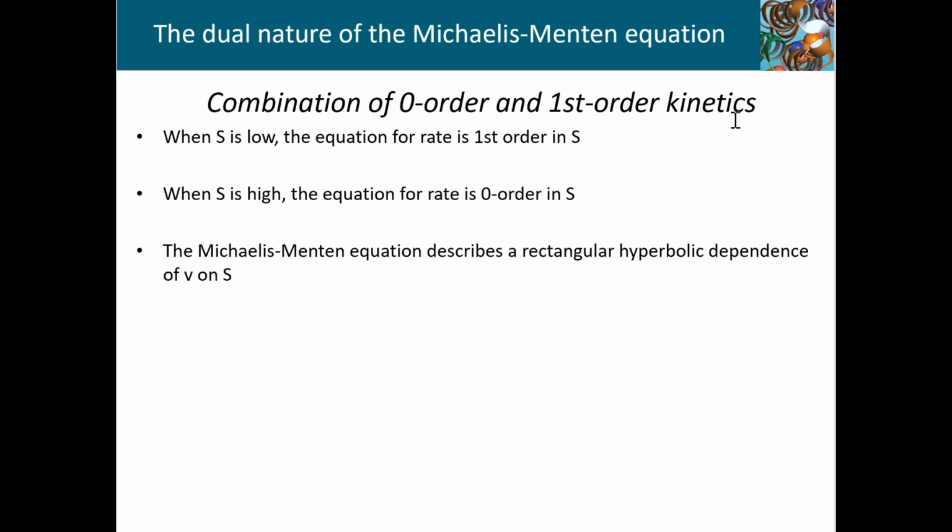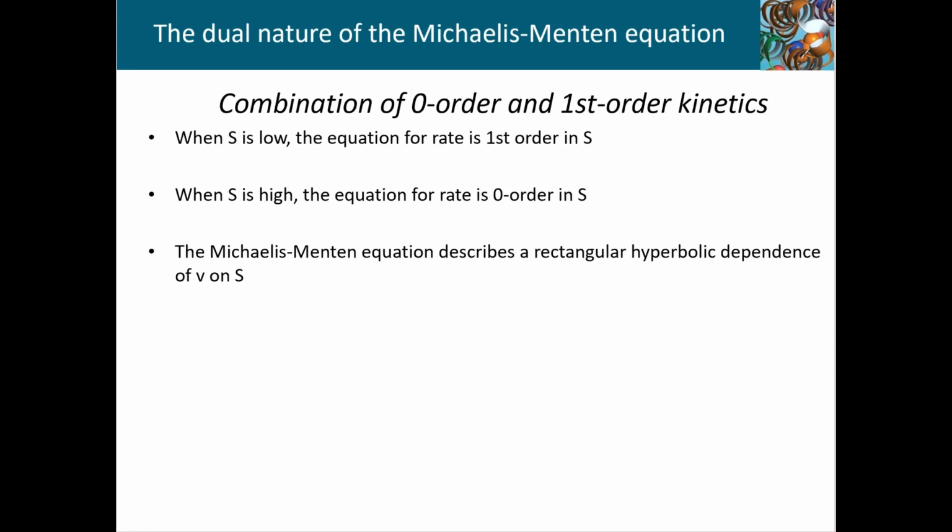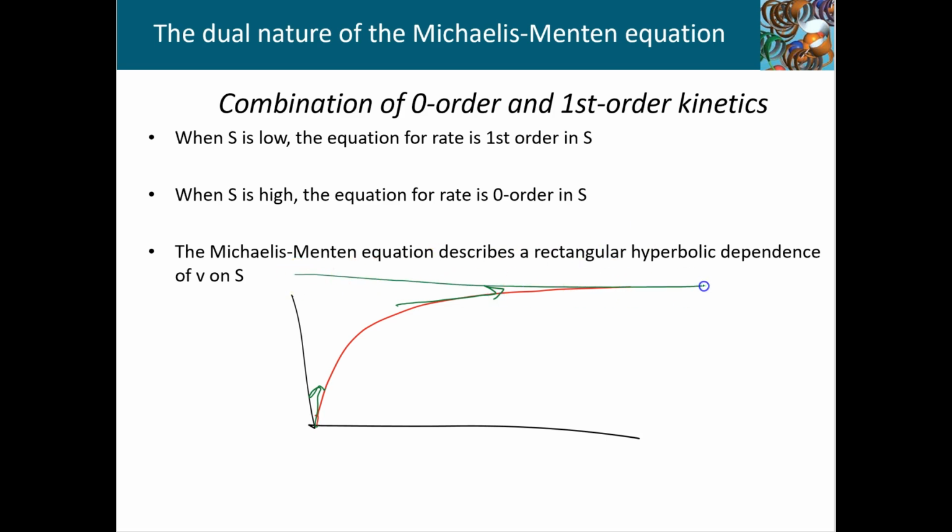When substrate concentration is low, we have that first order, pseudo first order kinetic. And then as the substrate concentration gets higher, it starts to become more zero order as we approach our Vmax. So it's called rectangular hyperbolic dependence of velocity on S, and it's characteristic. Michaelis-Menten is characteristic of enzyme-mediated reactions.